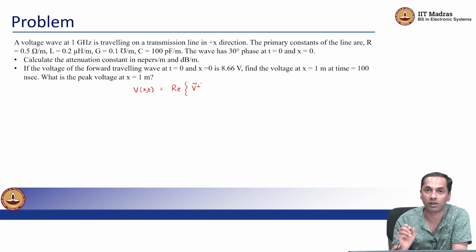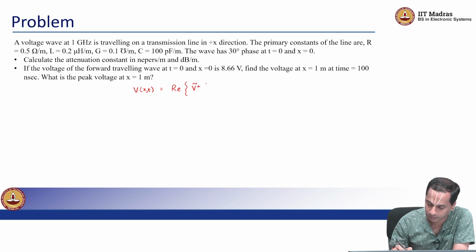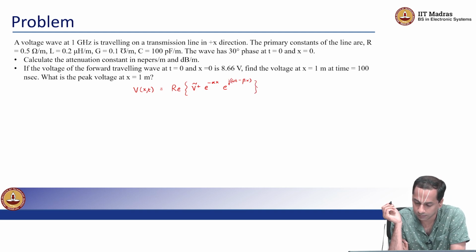Remember, there is only one wave here, right? There is only one wave going in the positive x direction. So we had e to the minus alpha x, e to the j omega t minus beta x, right.